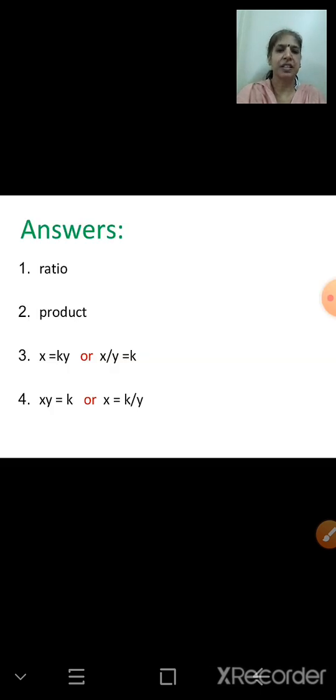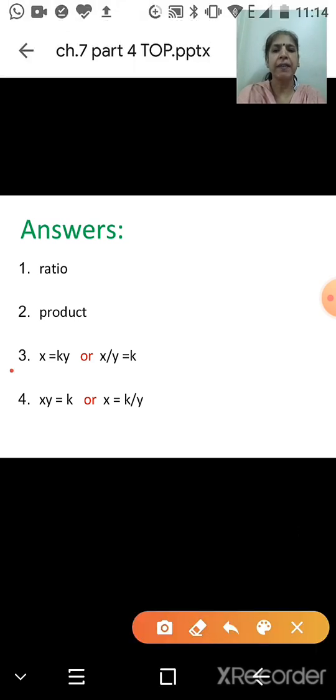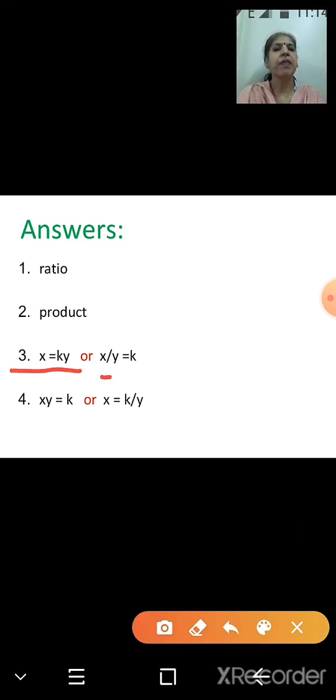Check your answers. First one is ratio. In direct variation, ratio is constant. In inverse variation, product is constant. Second answer is product. Third, equation form of direct variation is x is equal to ky or x upon y is equal to k.